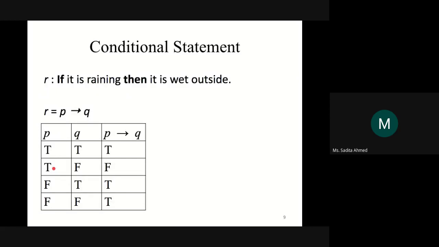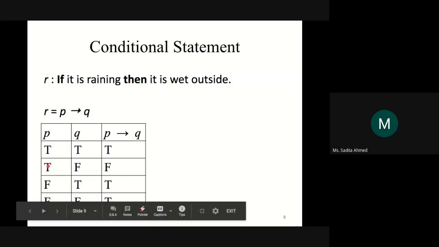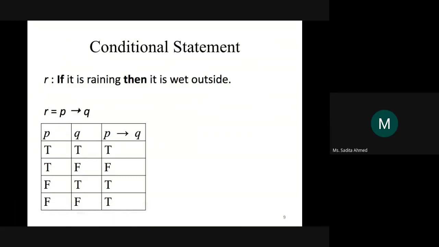If P is true, then what should be the truth value of Q? True. In the second combination, is Q true? No, it is not. So is the second combination satisfying the condition? No, it's not.